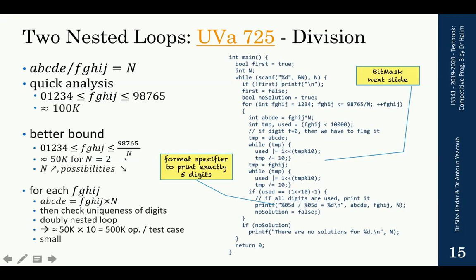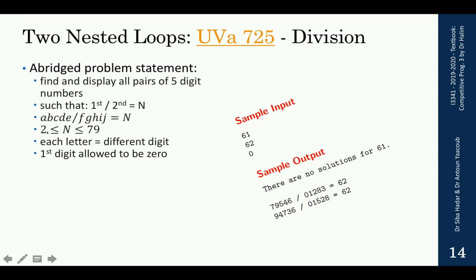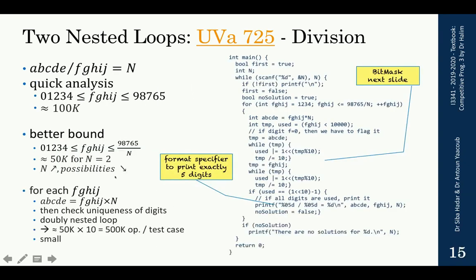If n is big, the number will be small. So the biggest number here is for the smallest n, and they already told us that n goes from 2 up to 79. So for the smallest n, we have the biggest scope of search, which is now 50k.